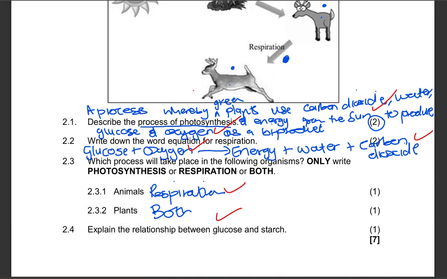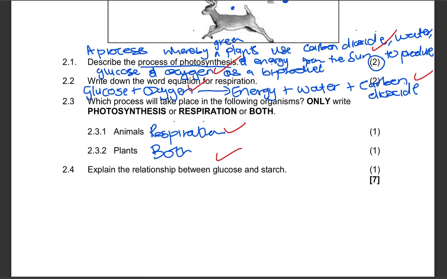Then, explain the relationship between glucose and starch for 1 mark. Explain kind of questions are normally from 2 marks going upwards, but anyways, it's fine. So explain the relationship. We can talk about plants storing glucose as starch.